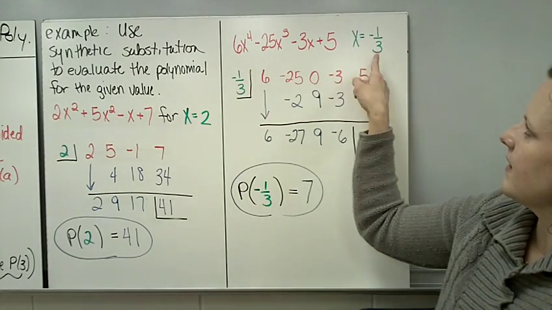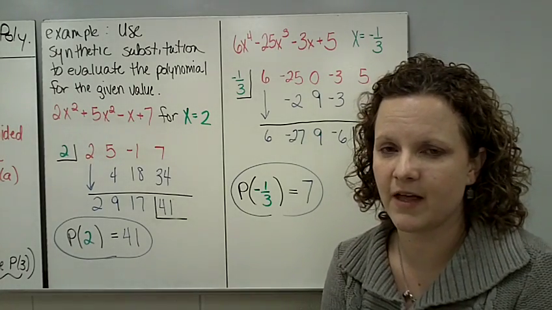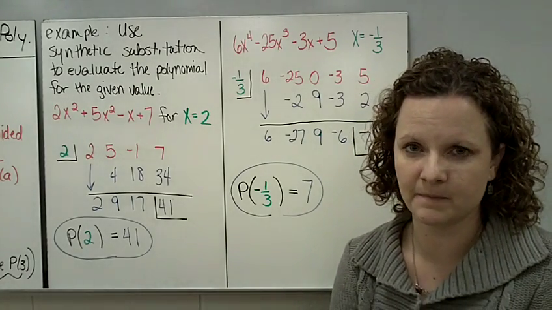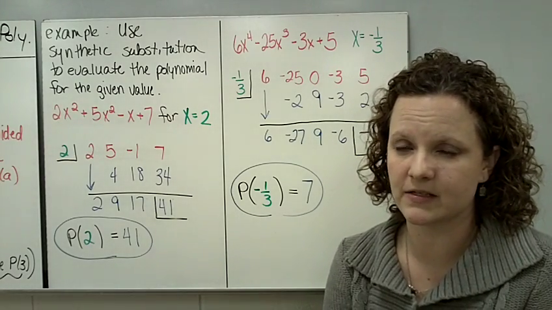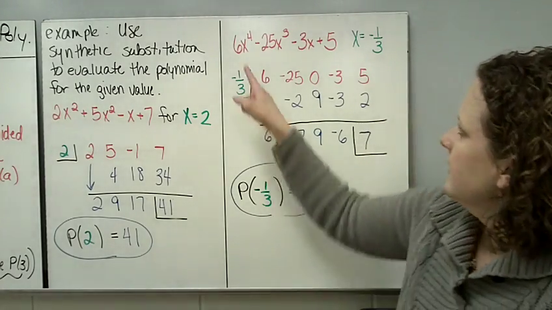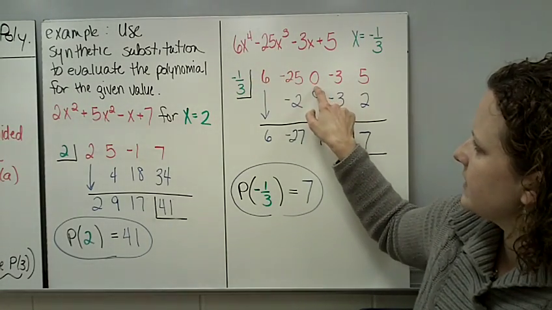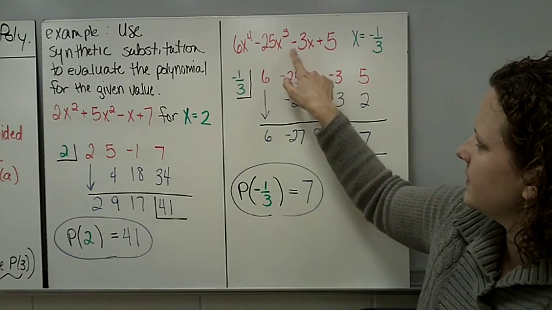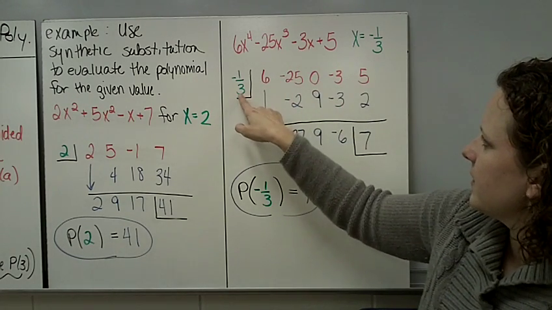A little bit bigger, and a fraction. This is especially helpful when you are evaluating at fractions, because when you start multiplying those fractions or raising them to higher powers, it can get sort of messy. Coefficients: we're missing an x squared, so I need a placeholder. 6, -25, 0, -3, and 5. x equals -1/3.